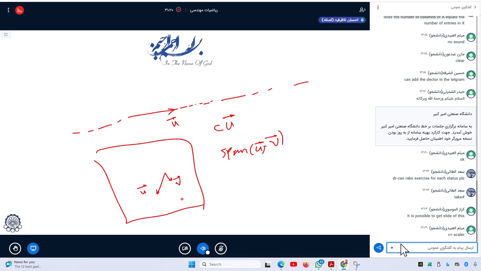It could generate everything here, because the span of u and v is defined as the linear combination cu plus dv. So it could generate all of these points in this page. So span means generate.